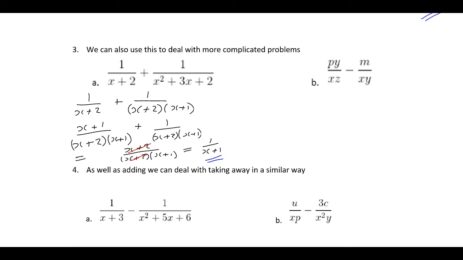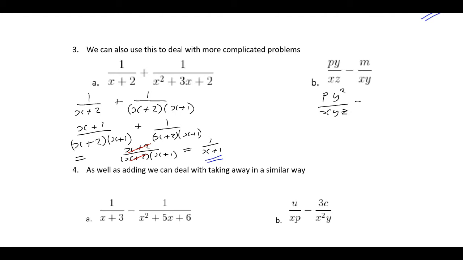The next one over here, all we need to know is, what do I need the bottoms to be, so they're the same? Well, this is an x times a z, this is an x times a y, so they've both got an x in them. If I timesed this by y and I timesed this by z, then they would have the same bottom. So let's do that. Times the left hand side by y, I get py squared over xyz.